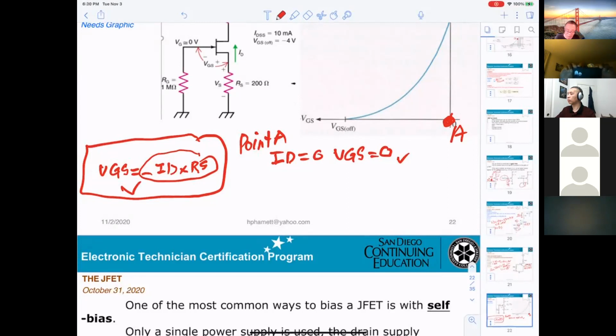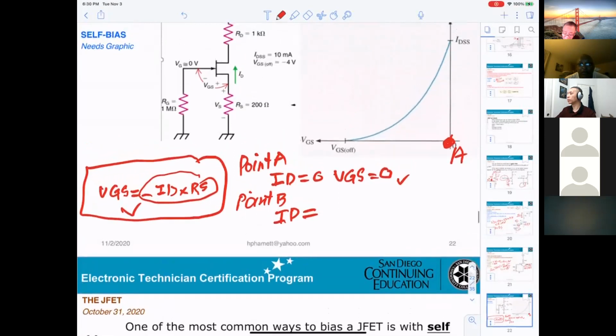I get another point B. You can set ID equal any value from 0 up to IDSS. Oh, that's along the y-axis then. Right.